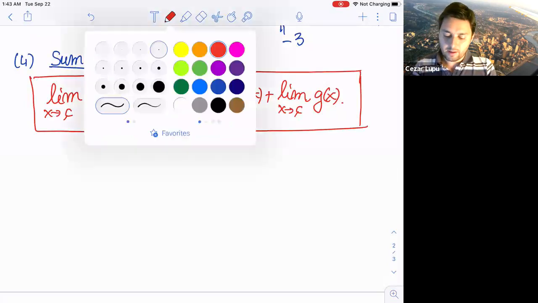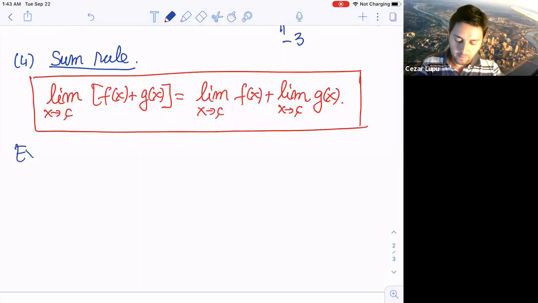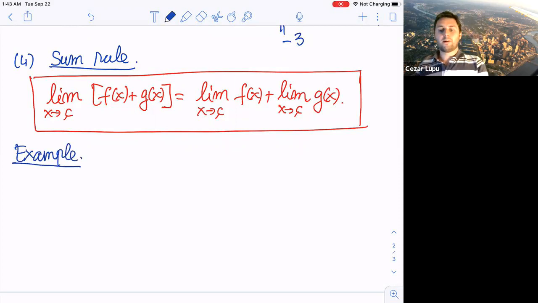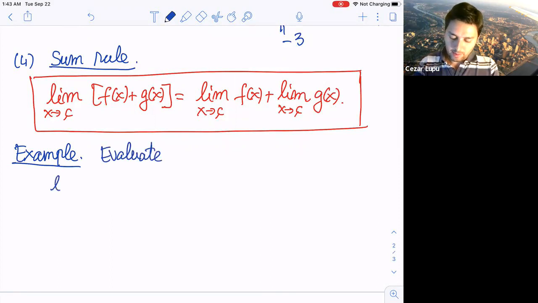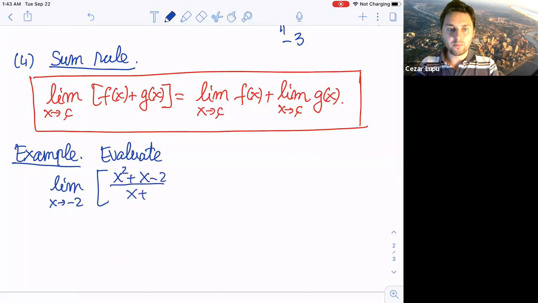And now let's see an example here. Let's evaluate the following limit. Evaluate the limit as x approaches, again, let's take x approaches -2, and we'll take the same expression, (x squared plus x minus 2) over (x plus 2), plus (x plus 2) over (x plus 2).